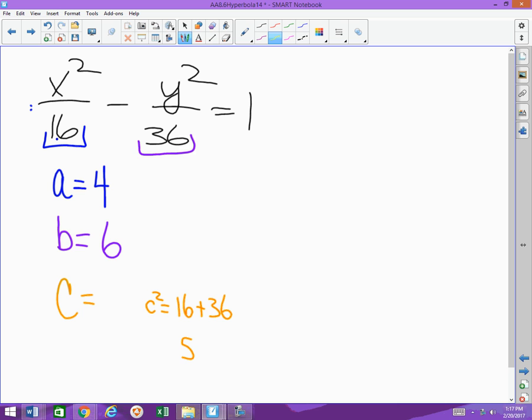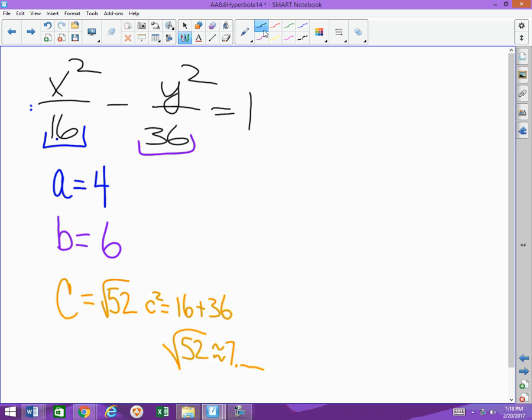So that is 52. The square root of 52 then is the value of C. The square root of 52 can't be simplified, but understand that it is approximately 7 point something.